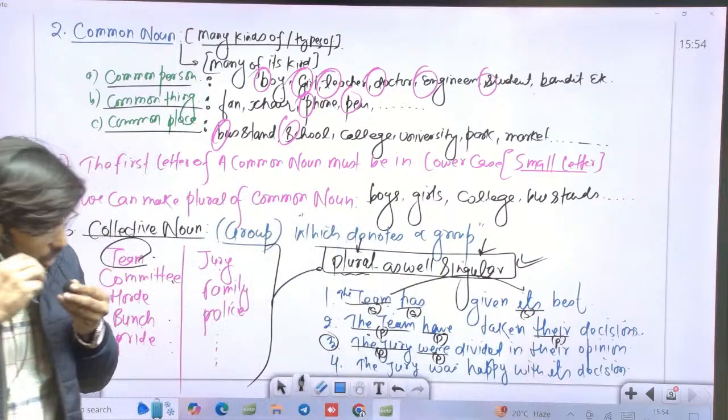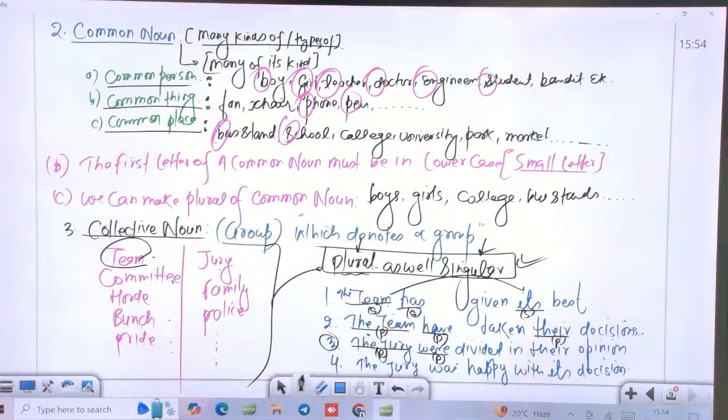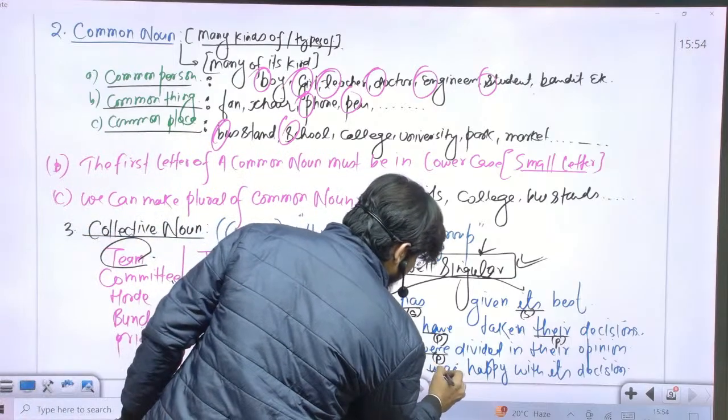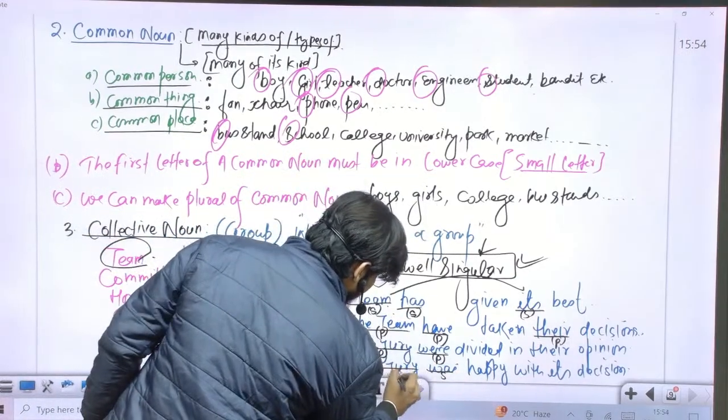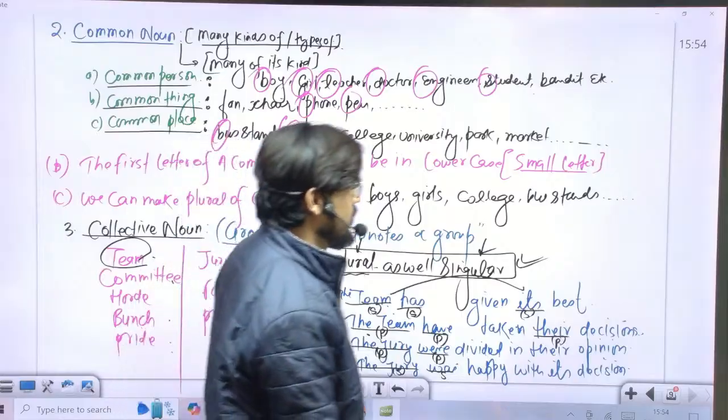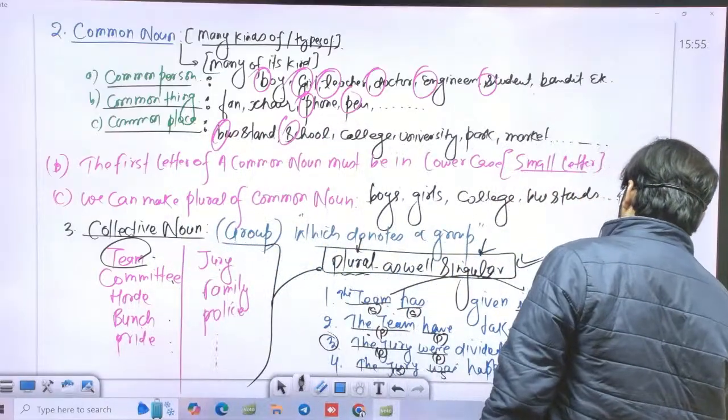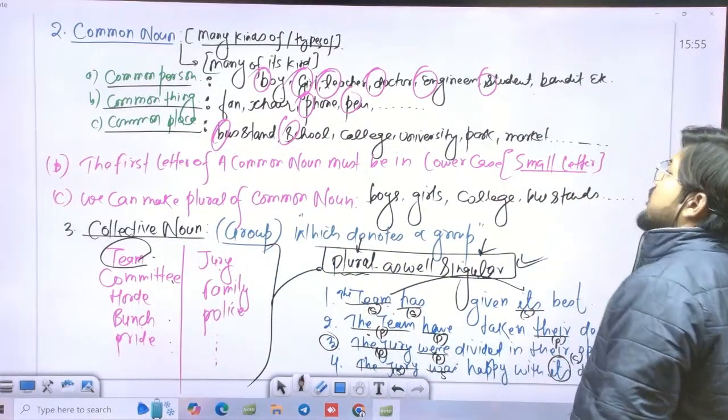It means we are talking about a plural subject or noun with a plural verb. Okay, question number 4. The jury was happy with its decision. Now this is your singular verb. It must be singular as well. Or we can also see by using its singular.